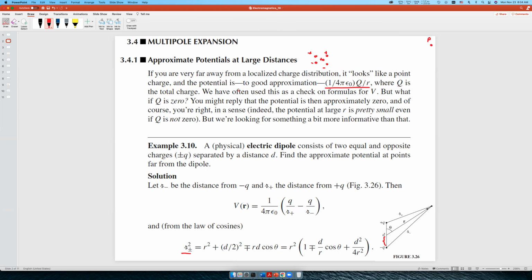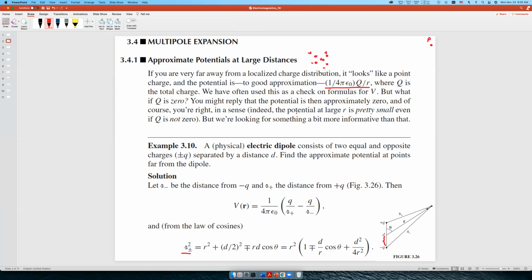And Q will be the total charge, of course. We have often used this as a check on formulas for V. But what if Q is zero? For example, if the total charge of this charge collection is zero, then your potential becomes zero. You might reply the potential is then about zero, and of course you're right in a sense.